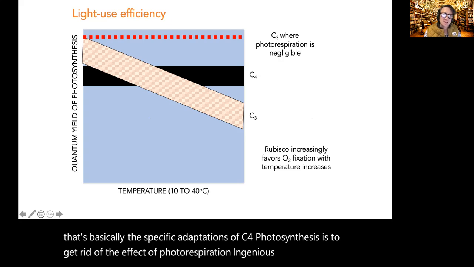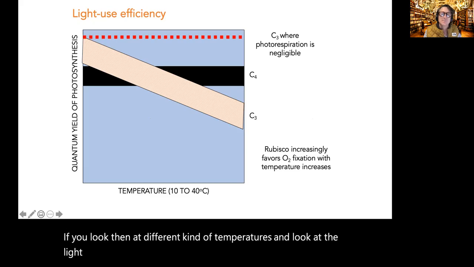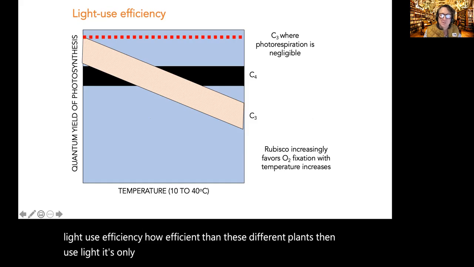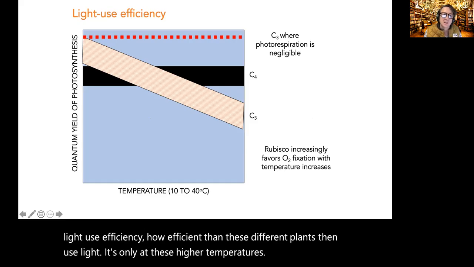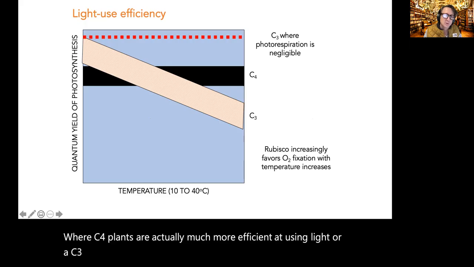But also, if you look at different temperatures and look at the light use efficiency, how efficiently these different plants use light, it's only at these higher temperatures where C4 plants are much more efficient at using light. Whereas C3 plants, when it's cooler out, are much more efficient in terms of photosynthesis.